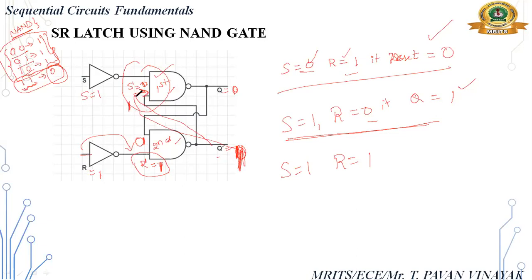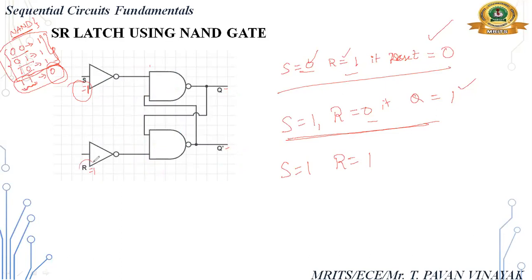Once again, when both inputs are 1, what happens? I don't know the previous value of Q. But I am taking S is equal to 1, R is equal to 1.